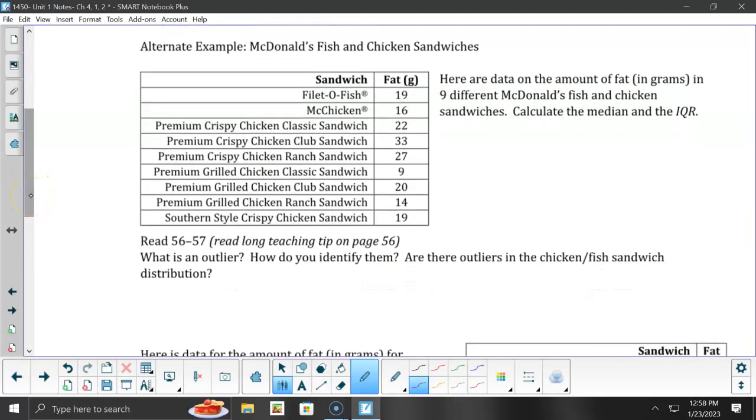Do you want me to show you how to do all this in the calculator? Grab your calculadora.